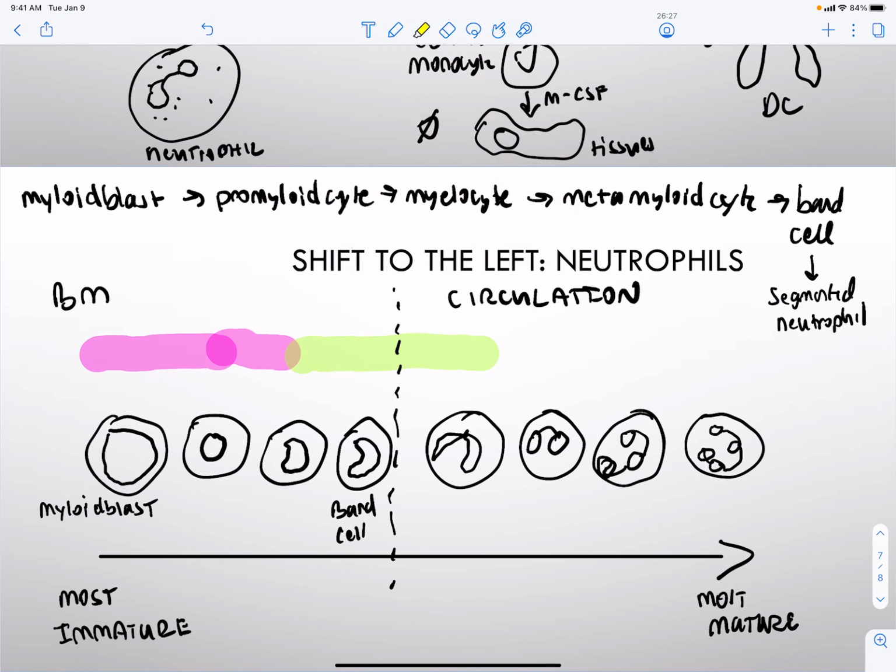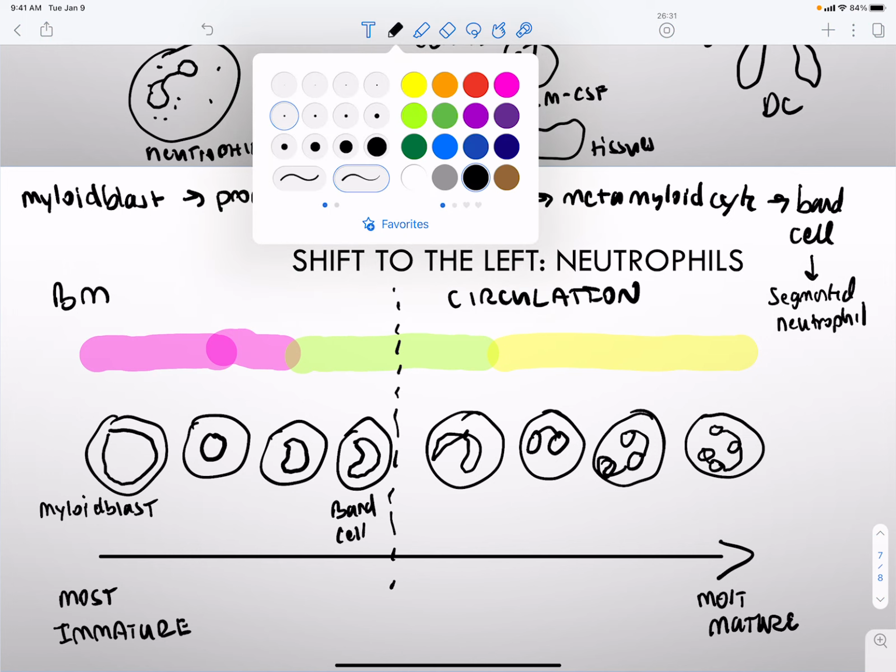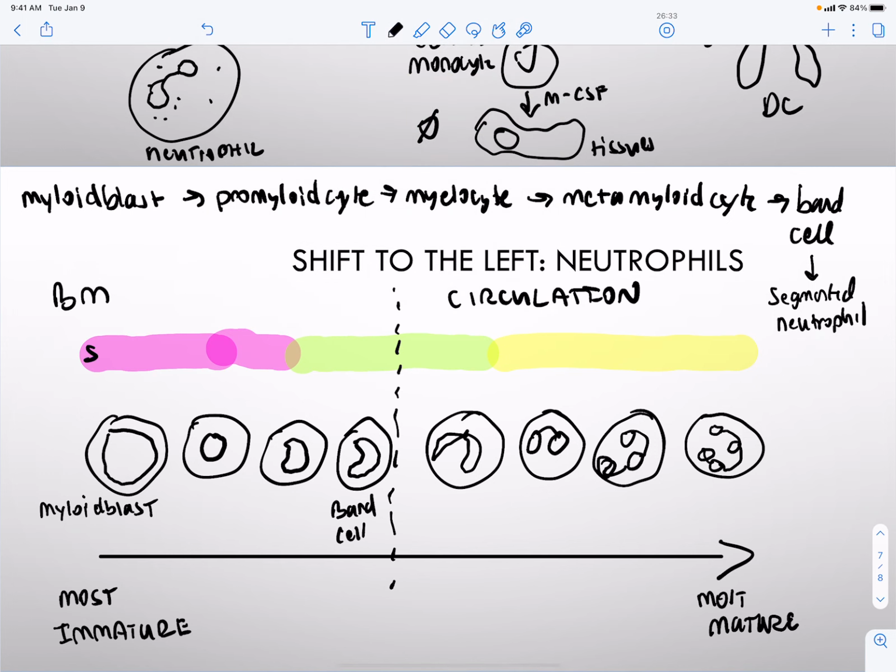And then we will have just what's referred to as normal. So if you take someone's blood and you see a whole bunch of band cells, that would be a mild to moderate shift to the left.